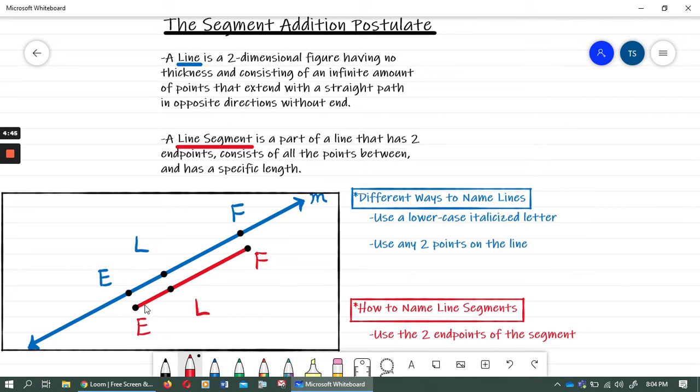That is the same line segment EF. A line segment is a part of a line.